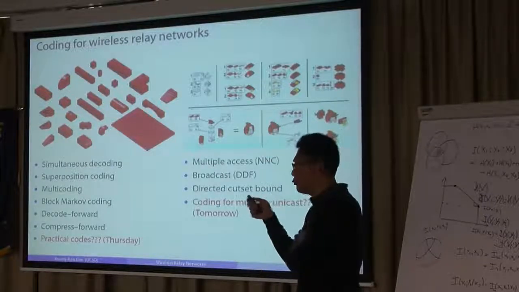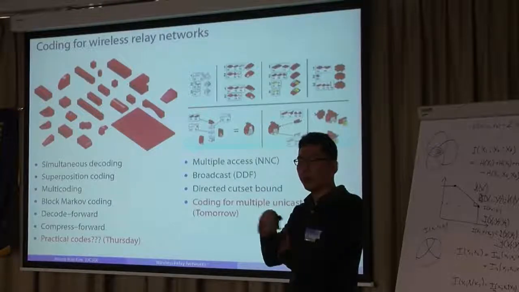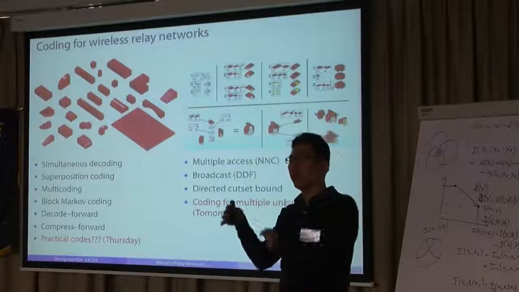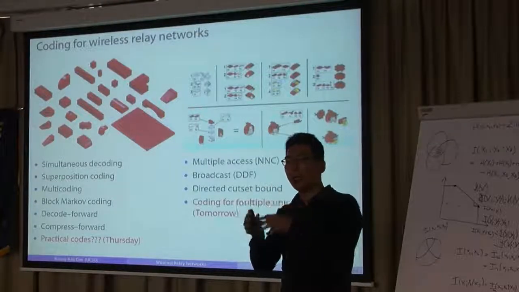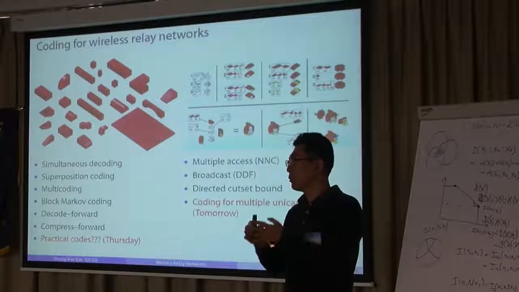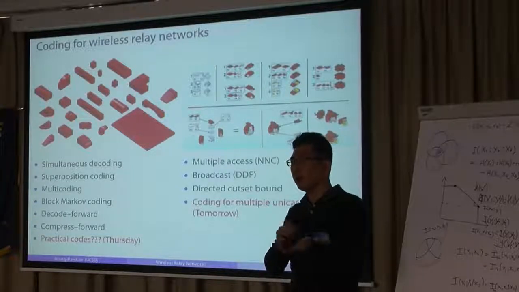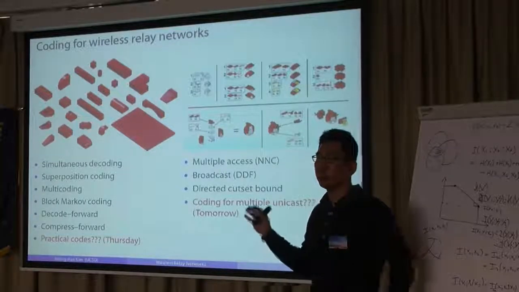Tomorrow, Michael Langberg will talk a little bit about network coding, index coding, and these types of problems. The key point is how to solve multiple unicast over the network, which I believe is one of the most important theoretical as well as practical challenges in network information theory.